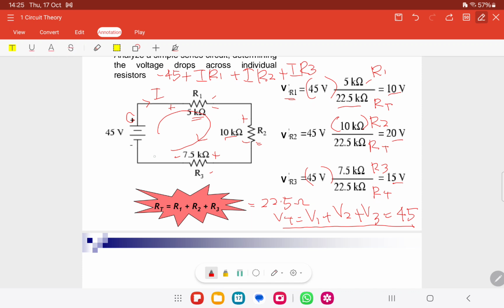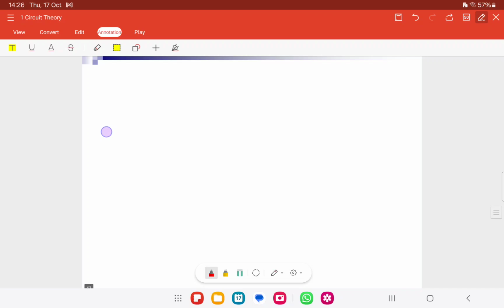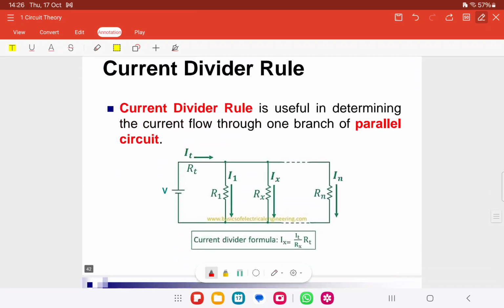Let's say if there is a voltage source here, it will become plus V equals to 0. It goes along the path, whatever it meets, until it returns back home. Okay, that is for KVL. Alright, done. KVL and voltage divider rule.